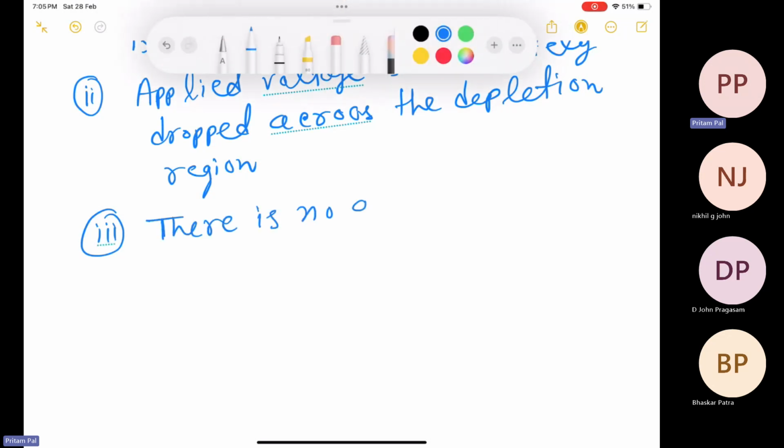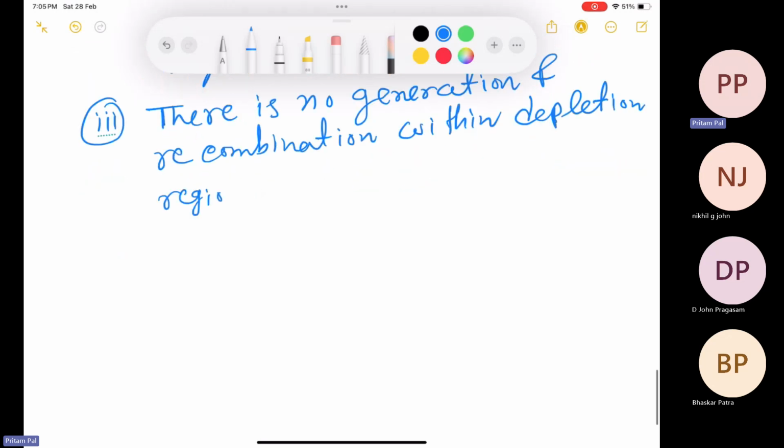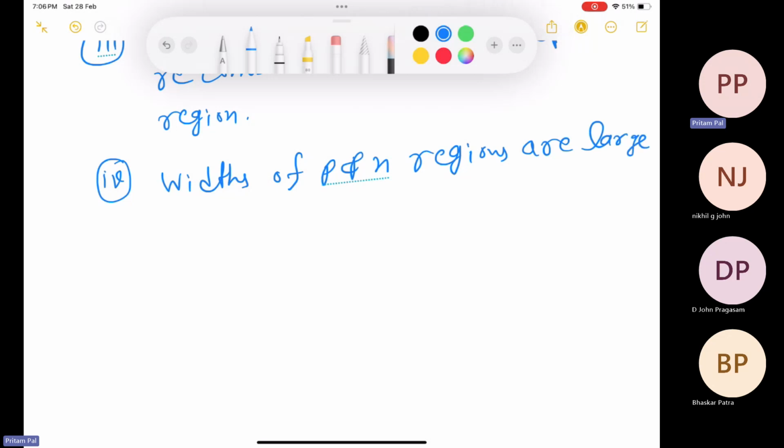And the lengths of the P and N regions are large compared with the diffusion length.